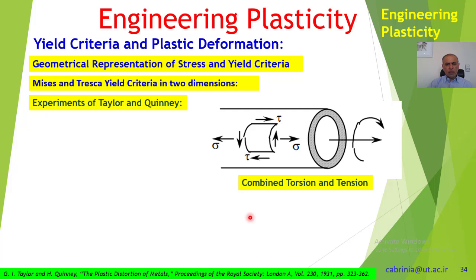With these conditions and with our formulations for the deviatoric stresses and so on, we obtained some mathematical equations, and we also interpreted those mathematical equations with the geometrical representations, and we got some understanding of the yield criteria. Now we want to prove them. To prove them, usually we must carry out experiments.